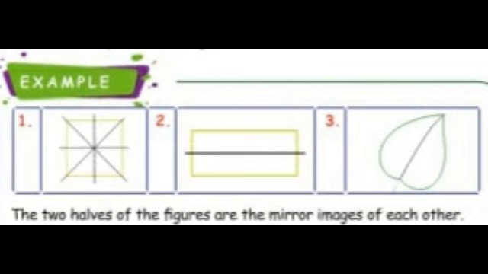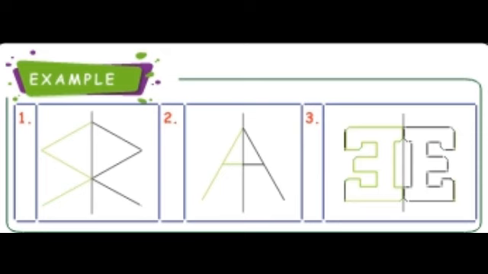Now I am going to show you an example of a different figure. It can be a geometrical structure or an alphabet or number, anything we can take. See, in this one side it is drawn, the other side is given in a dark manner.